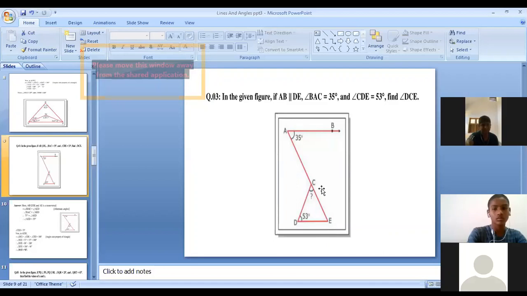Madhumita, continue. Yeah, so they're alternate interior angles. So DEA is also 35 degrees. And then by the angle sum property we can find DCE.